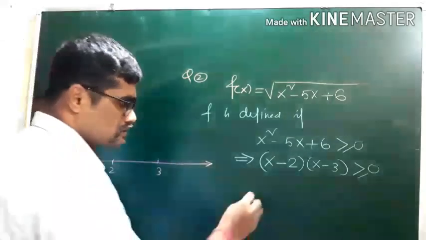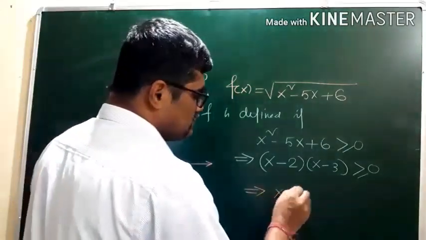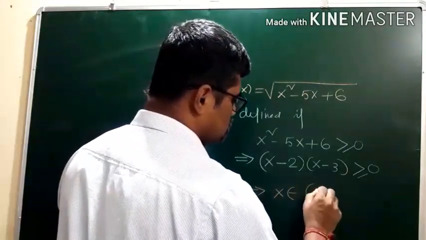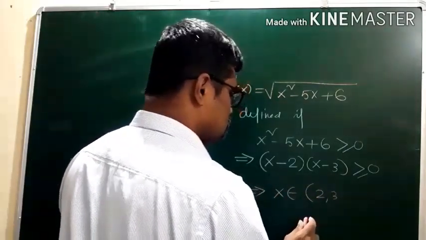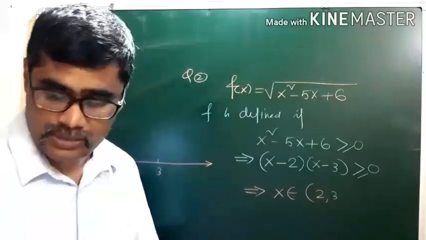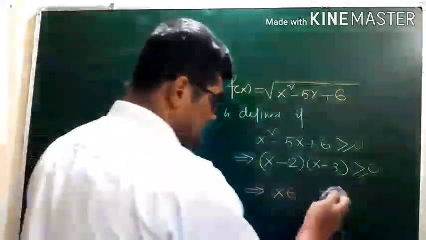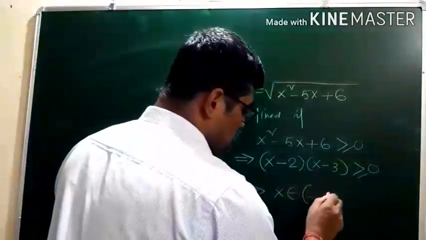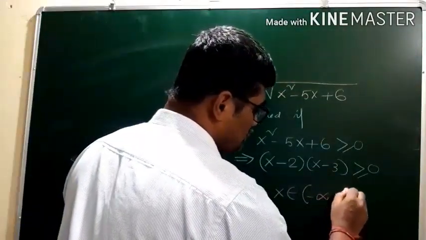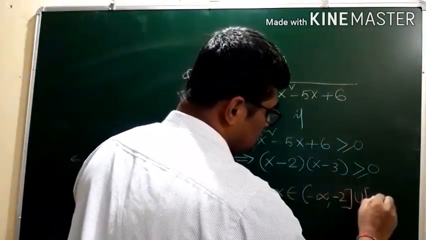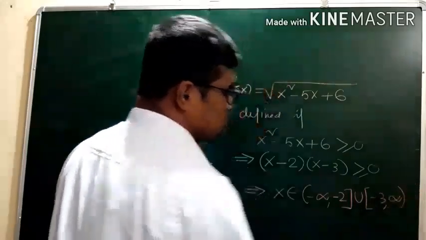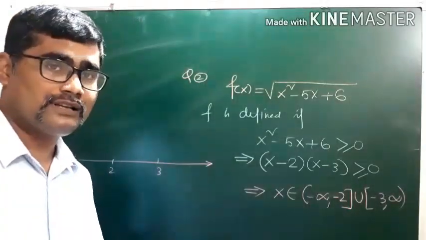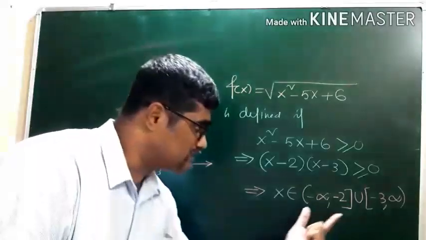That's the case. So directly you write here, therefore x belongs to, sorry, I made a mistake in writing this. It is not that, it is the outer side. x belongs to minus infinity to 2 union 3 to infinity. So write, hence the domain is this.